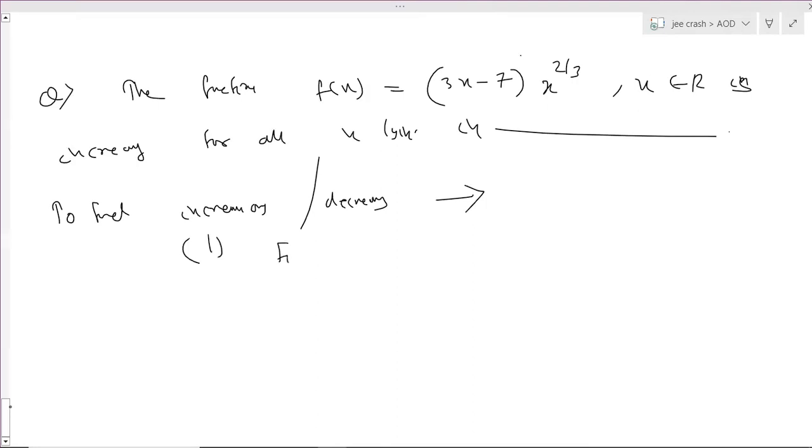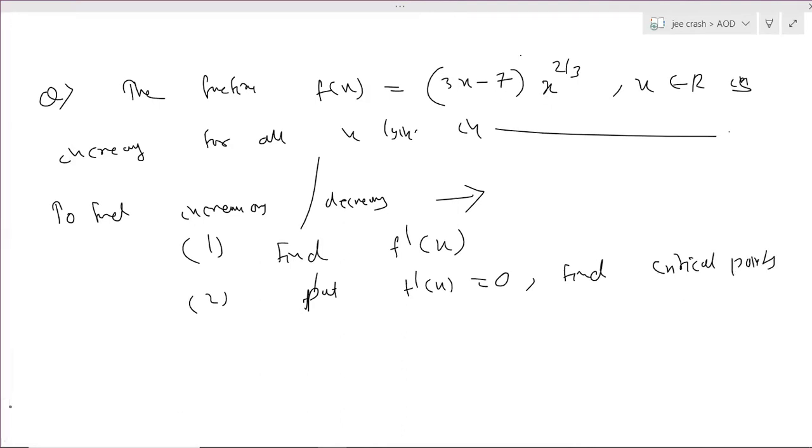First step, find f dash x. Second, put f dash x equals to 0. Find critical points. Critical points means either 0 or infinite. All right. Put critical points on number line.